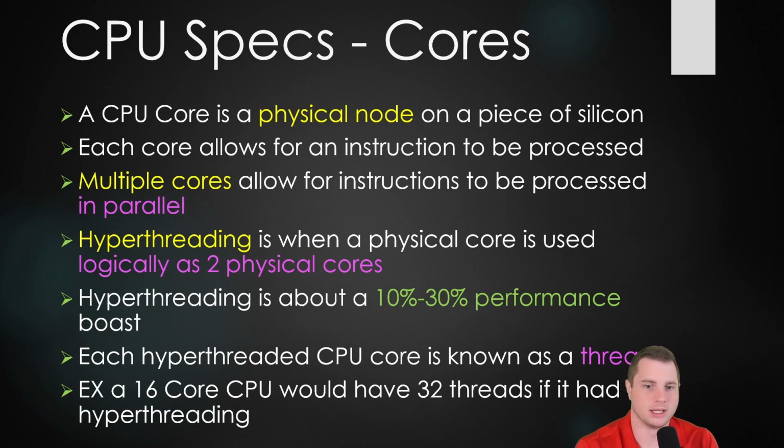Multiple cores allow for instructions to be processed in parallel. For a long time, especially in the early 2000s, if you're alive for that, your computer was single-threaded, with one core. So basically every request that the OS or the software made had to be done one at a time.